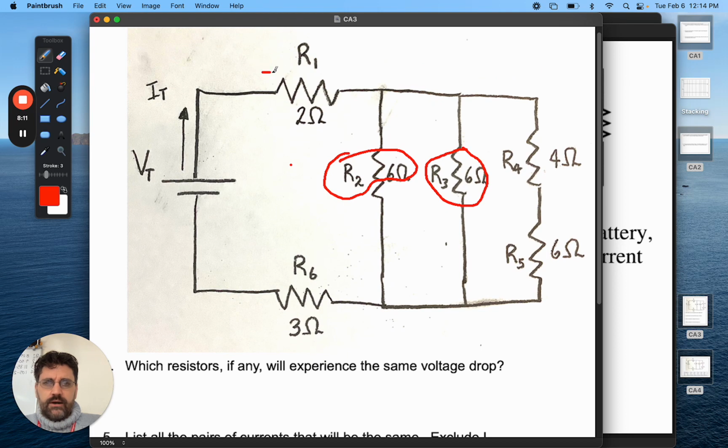Well, the combined current also is here and here. So those two will be the same. Also, these two have the same voltage drop across them because they're in parallel, and also they have the same resistance, so they'll have the same current. And then everywhere through this branch has to have the same current because those effectively are in series with each other. So 1 and 6 have the same current, 2 and 3, and also 4 and 5.